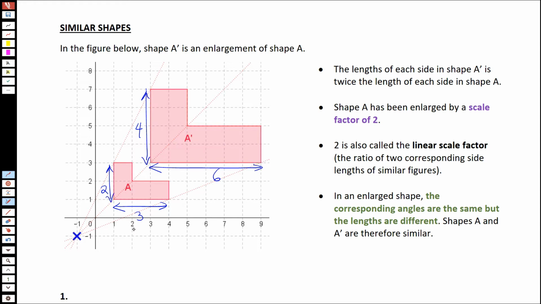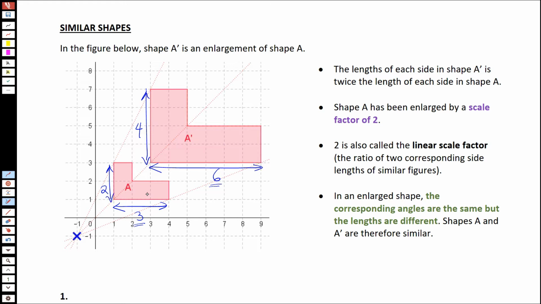So if you notice here, the lengths of the image are twice the lengths of the object. So we can say that the object has been enlarged by a scale factor of 2.